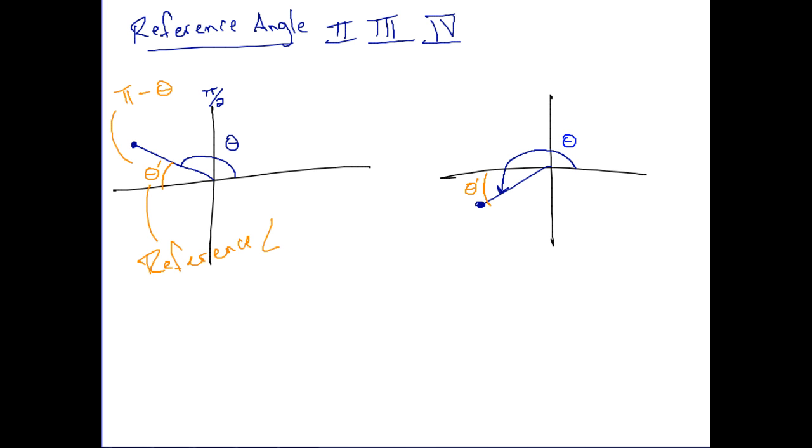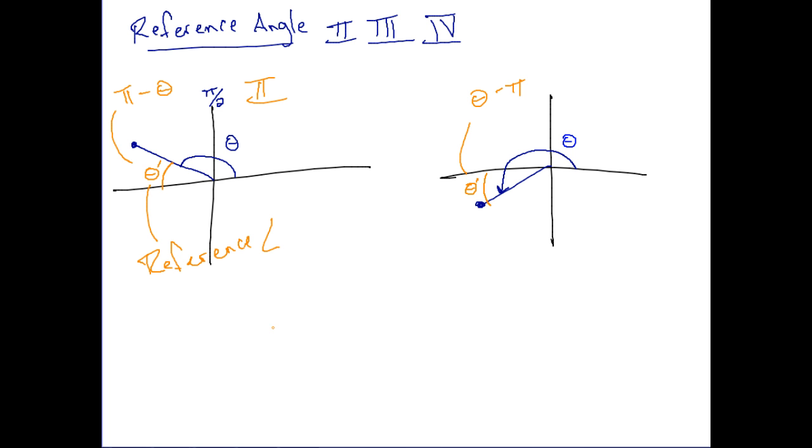Well, how would we find that? We would find that from taking theta minus pi. So notice the difference. When we're in the second quadrant, we take pi minus theta. But when we're in the third quadrant, we take theta minus pi. Now, why is the reference angle these two positions here?